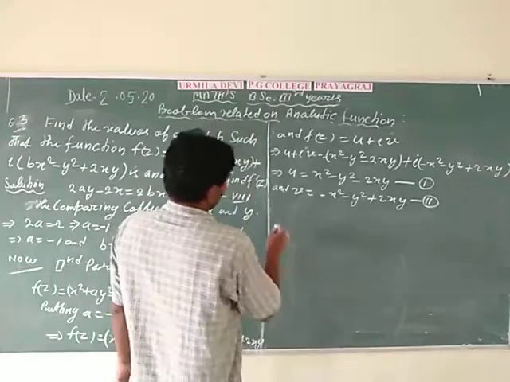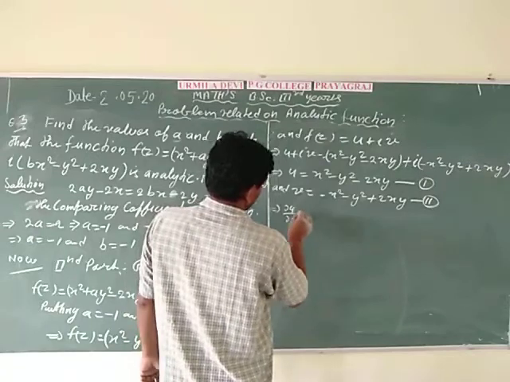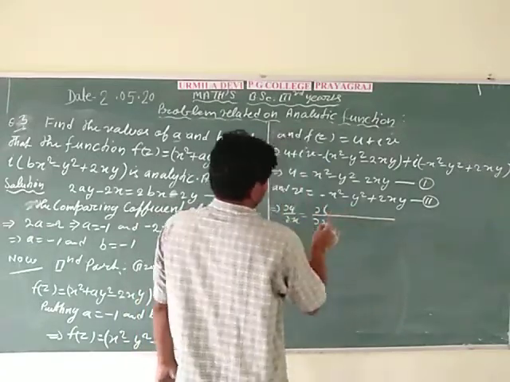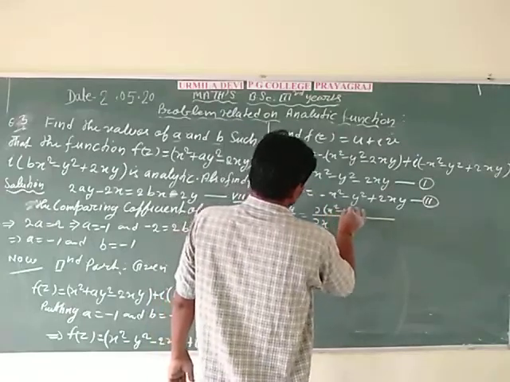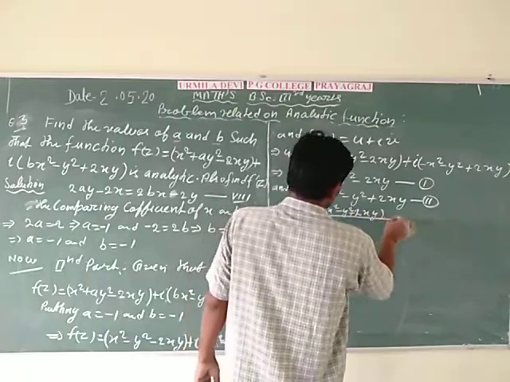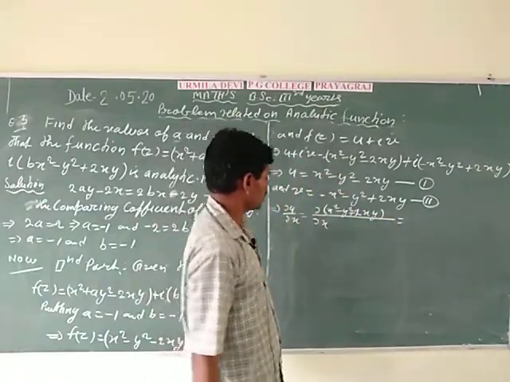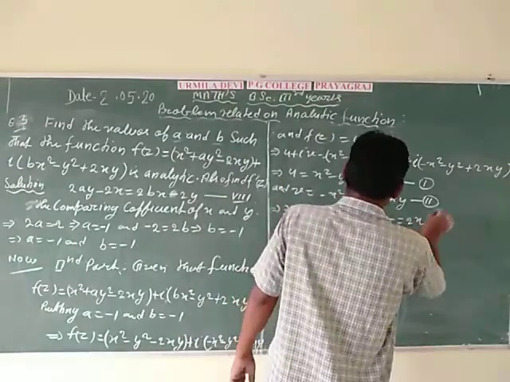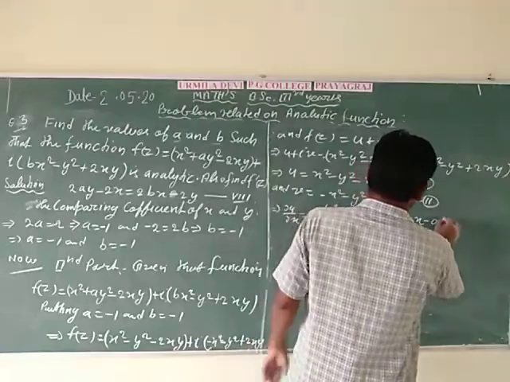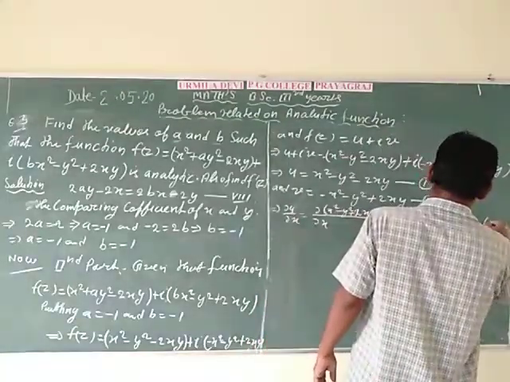Now find del u by del x from equation first. Putting the value of u, x square minus y square plus 2 times xy, after differentiating partially with respect to x, is equal to 2x minus 0 plus 2y, which is 2 times x plus y.